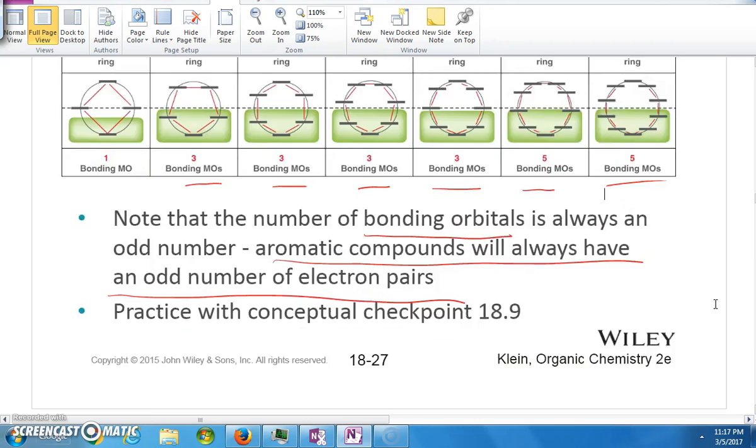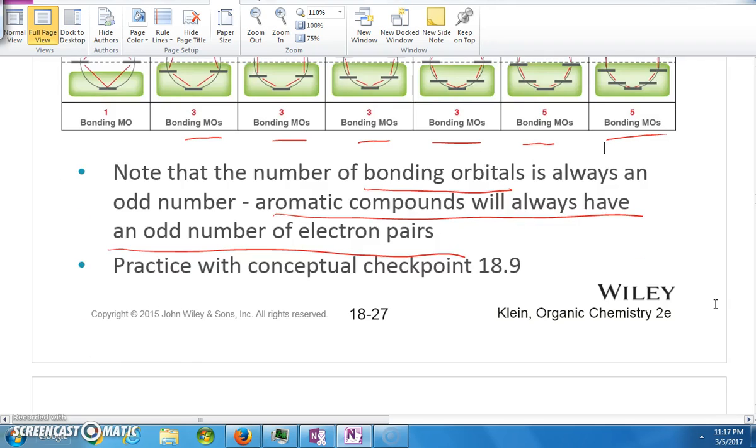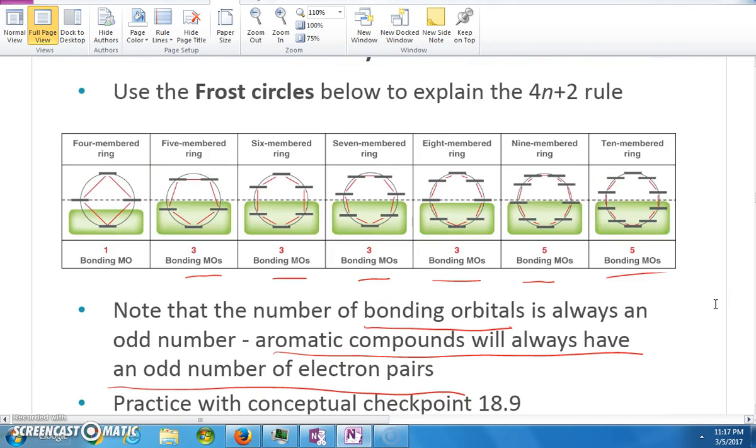So these are things you need to just remember. We're going to talk more about how to determine the different energy diagrams, but for now just get to know more about the Frost circles.